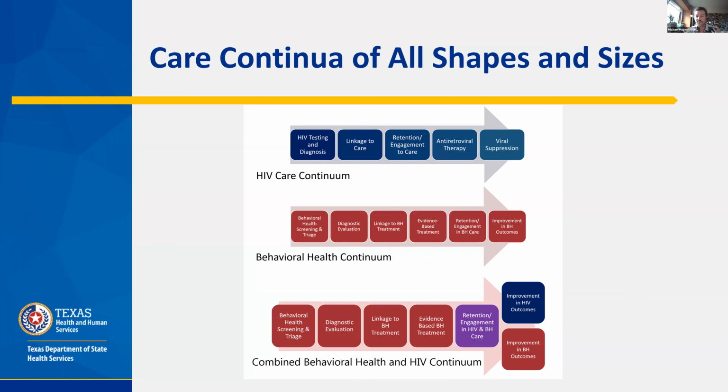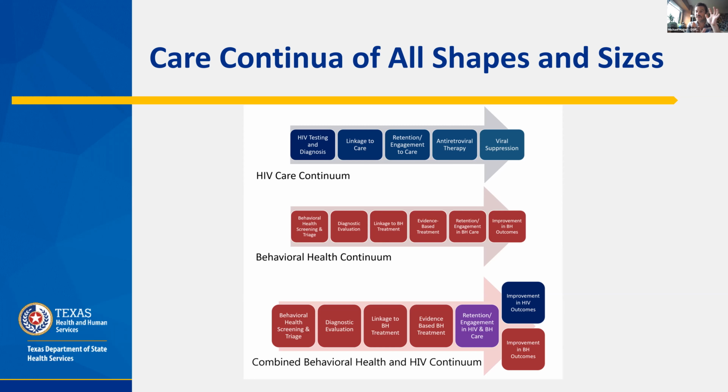This is about people with HIV having screenings, being evaluated, being linked when appropriate to treatment, having evidence-based treatment, and then being retained in the high frequency behavioral health service, right? Because we know behavioral health services can be multiple times weekly. And then we have our silly old retention in HIV, which is looking for 2 visits a year, right?